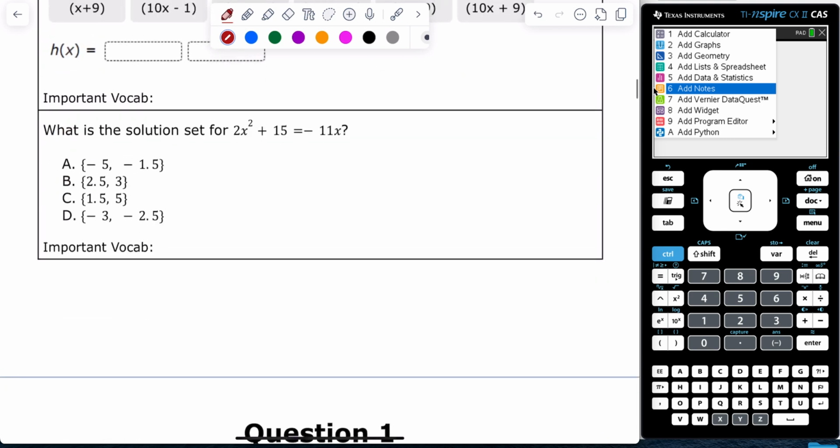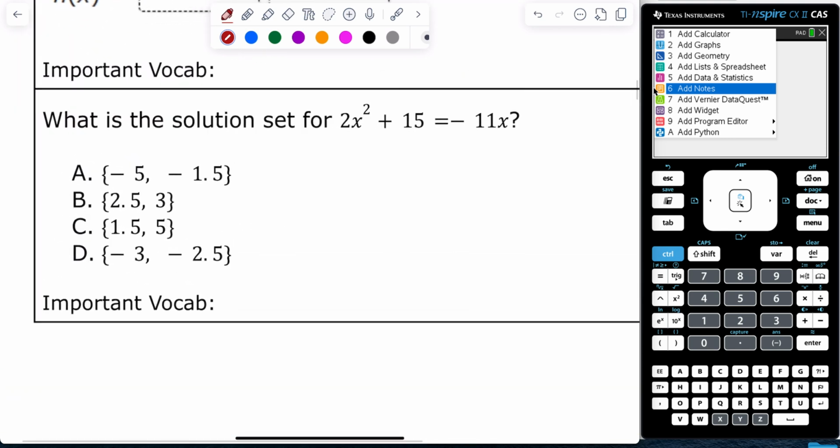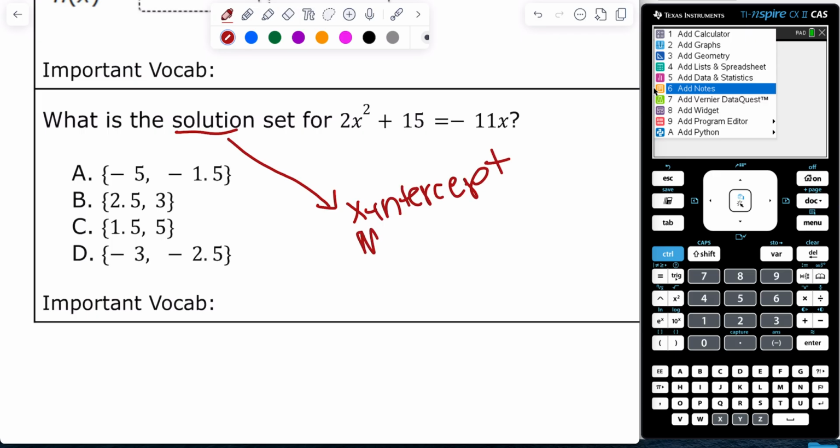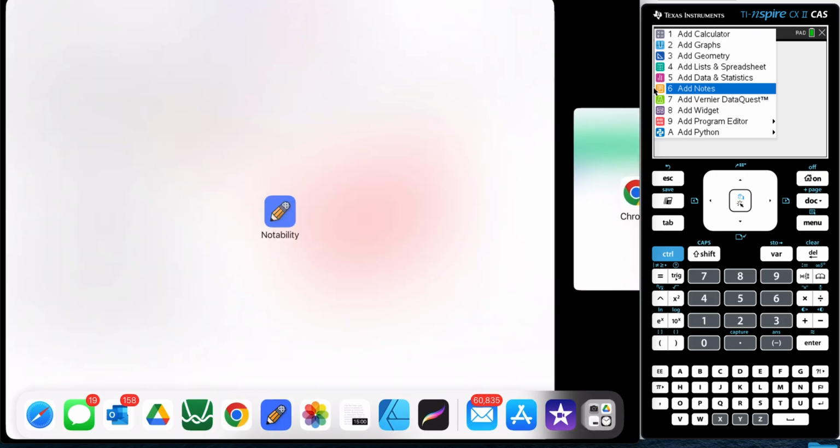Actually, we're going to go to the third one first. It says, what is the solution set for 2x squared plus 15 equals negative 11x? So I know solution means x-intercept or menu 3, 1. So I'm going to try Desmos just because that's what I think I should do. Who knows?